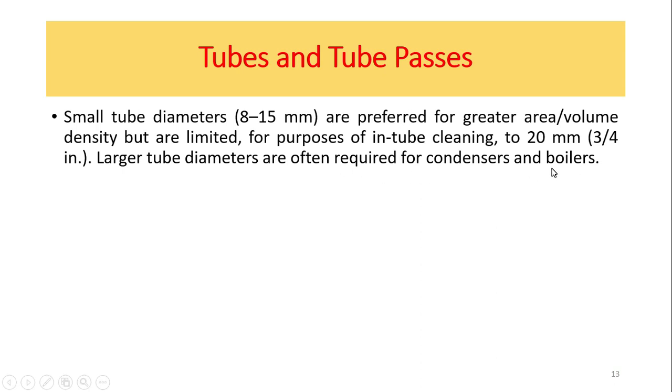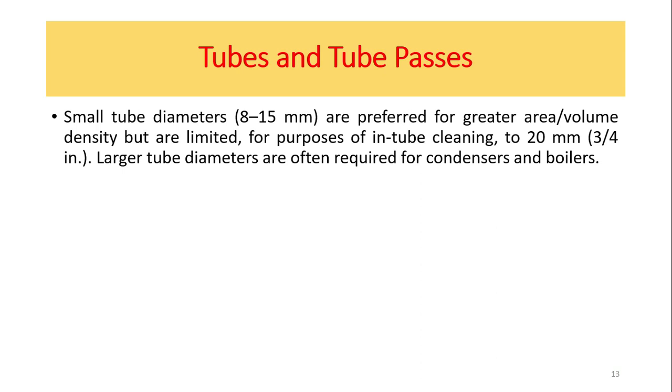If the tubes are very small, it is very difficult to clean the tubes from inside, right? And if the tube diameter is large, it would be easy to clean the tubes from the inside. Sometimes in operations we use a liquid which results in scaling or settling of unwanted materials on the inner side of the tubes, and that ultimately sometimes causes fouling.